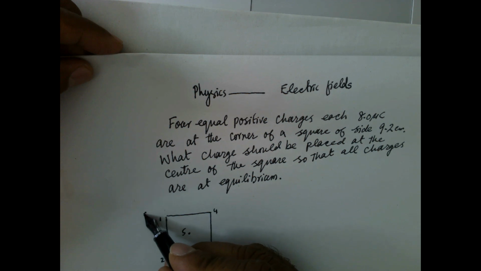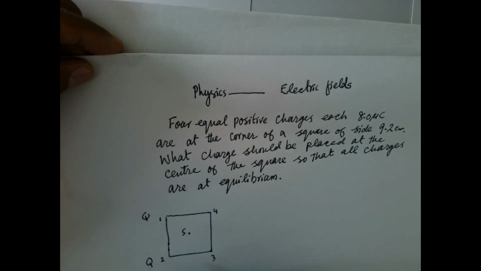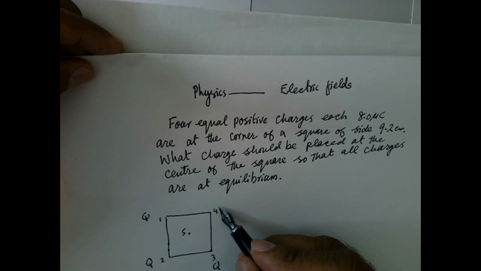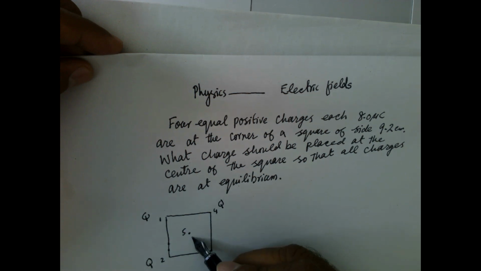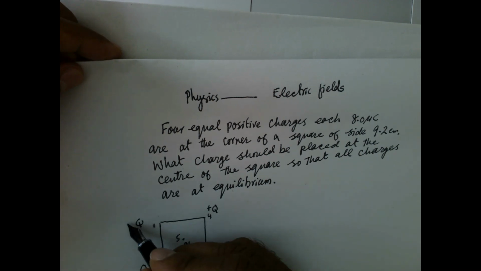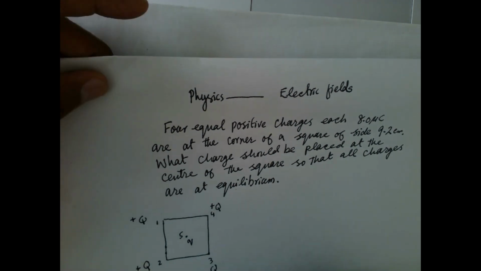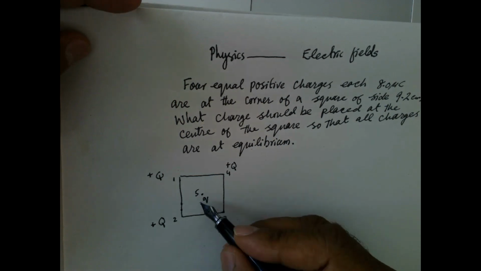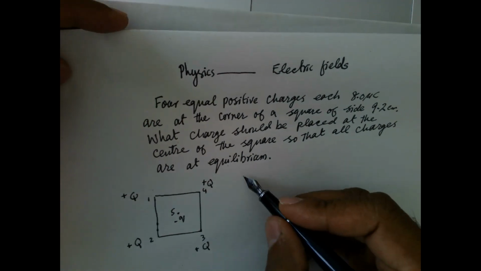At the corners we have Q, Q, Q, Q, and at the fifth is a small q. So these four are positive charges, and this one should be negative.